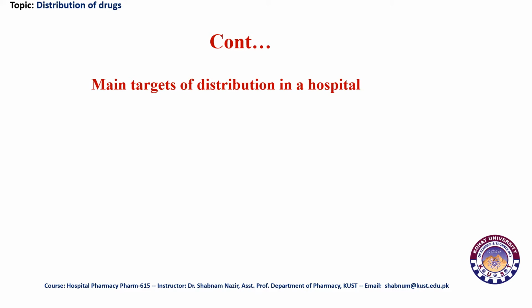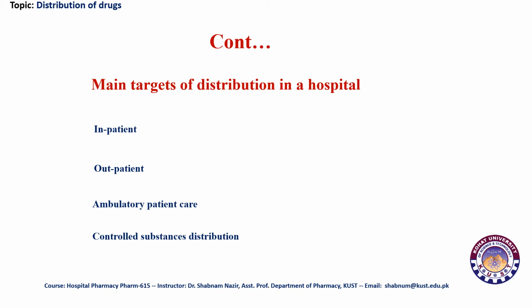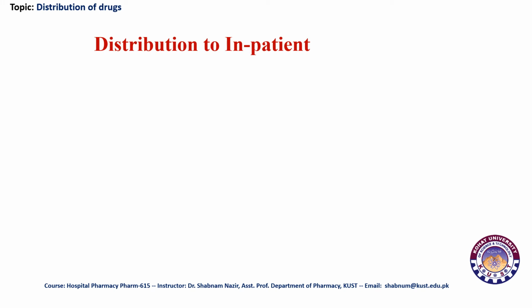So as we just discussed, main targets of distribution in a hospital are inpatient, outpatient, ambulatory patient care, and controlled substances distribution. So distribution to inpatient, first of all, we take into consideration for discussion. Inpatients are those patients who require hospitalization.